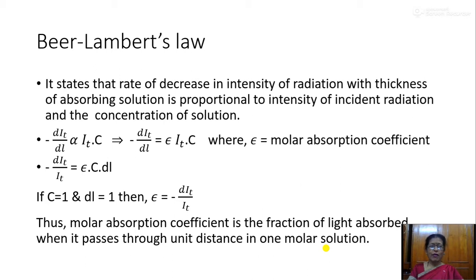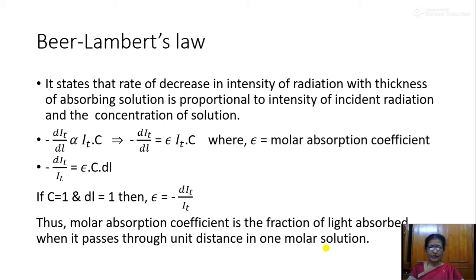That is minus dI_T over dL proportional to I_T dot C. C is the concentration, I_T is the intensity of light, and minus dI_T over dL is equal to epsilon into I_T dot C, where epsilon is the molar absorption coefficient.